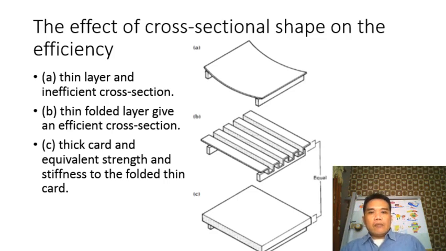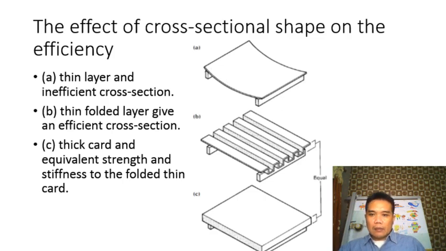The next is the effect of cross-sectional shape on the efficiency. If we have a thin layer and we put it on the base like this, the thin layer will be inefficient to support even its own weight.